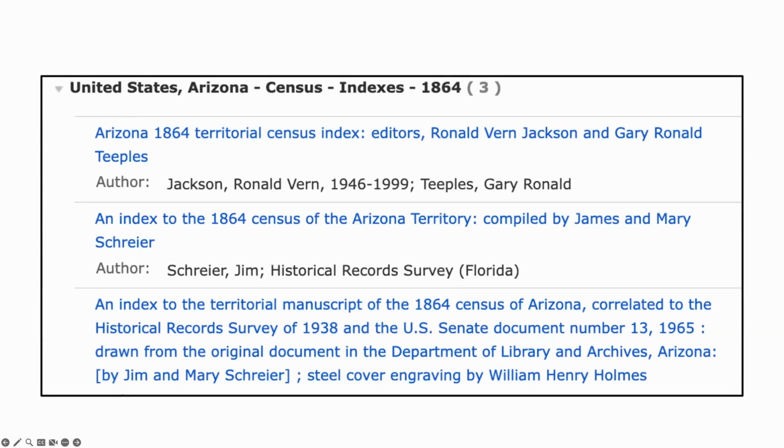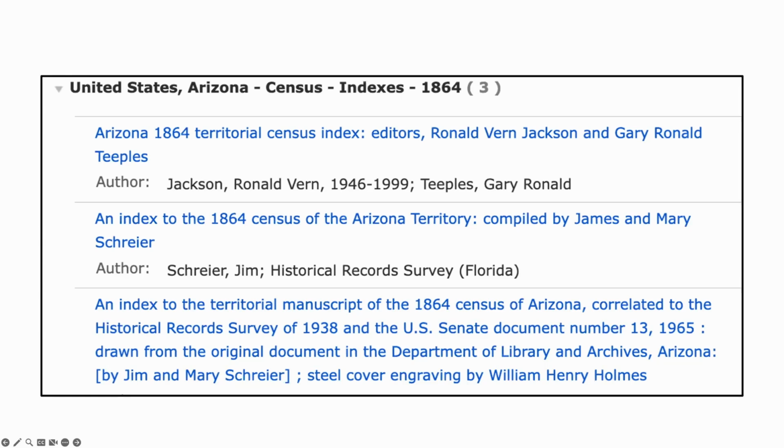This is another one. In 1864, there was a territorial census in Arizona. Why is the 1864 date significant in Arizona? It's because it is kind of the earliest date that you're going to find very many people other than prospectors, army people who were there, and a lot of Spanish speaking population in the south part of the state.